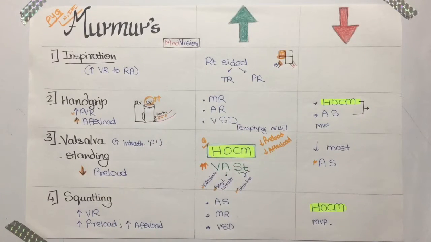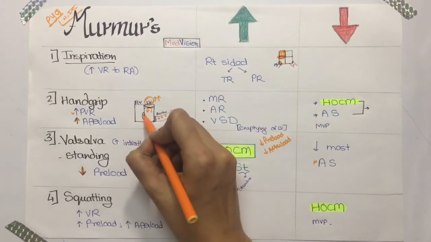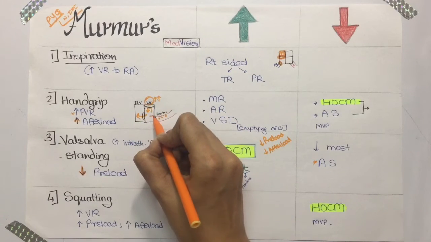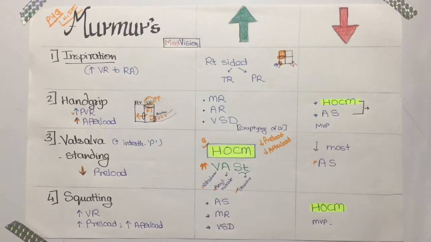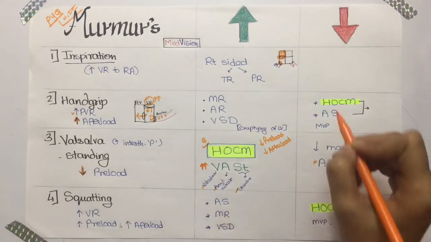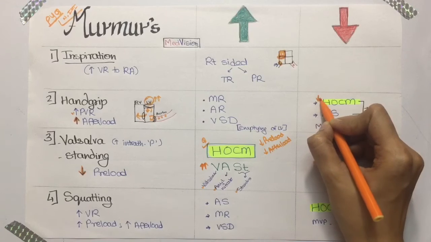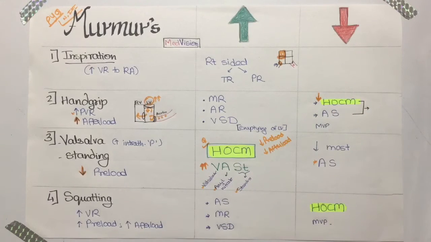So the conditions which show an increased intensity of murmur are mitral regurgitation, VSD and aortic regurgitation, the conditions where emptying of the left ventricle is seen. Also here there is an increase in afterload, so the murmur intensity of HOCM will reduce. There is an inverse relation.